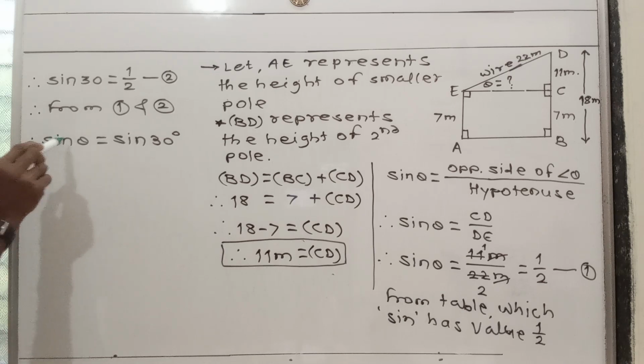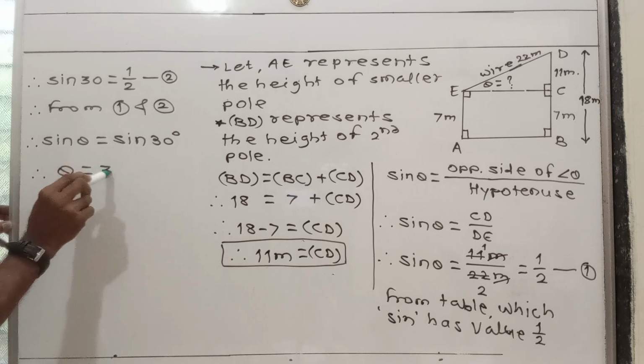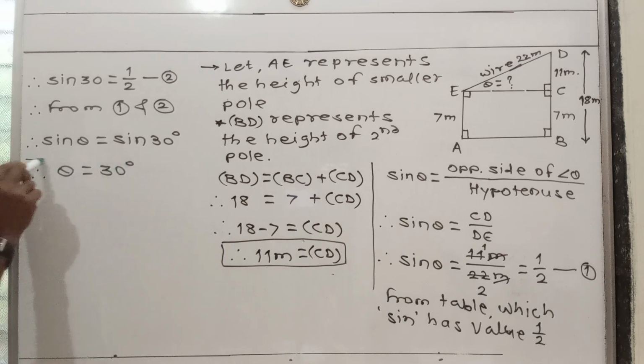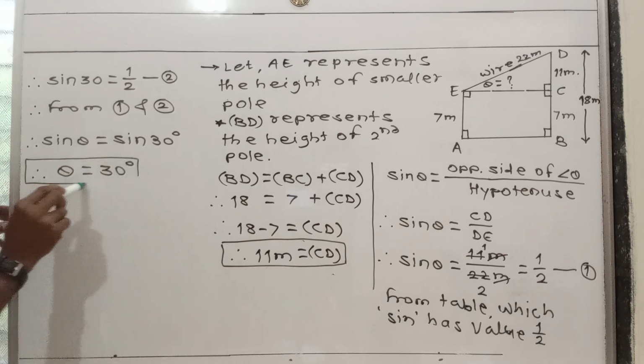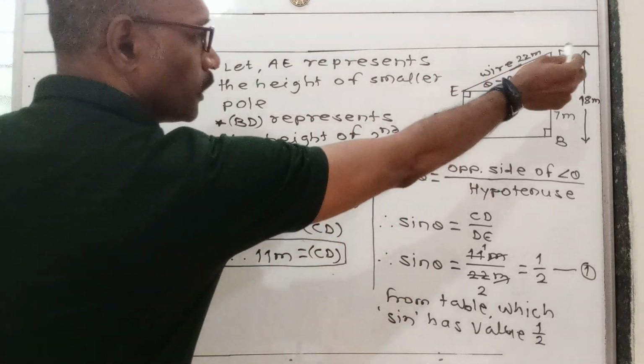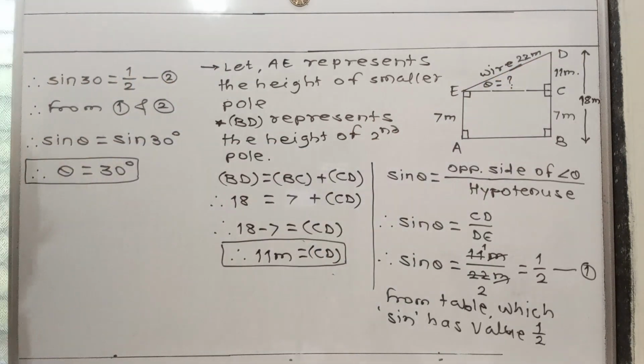Therefore, here sine, so we write only theta is equal to 30 degree. Means the angle this wire made with the horizontal will be 30 degree.